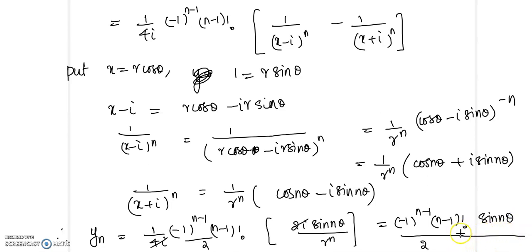Now from here, r will be equal to, so this implies r equals 1 by sin theta. So this is cosec theta. So this is cosec theta whole power n, taking sin theta out in the numerator.